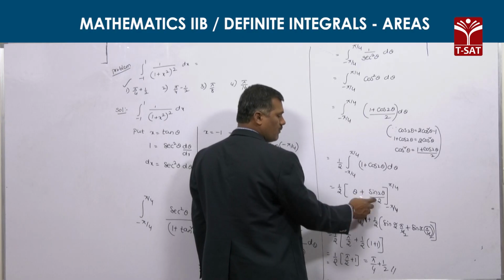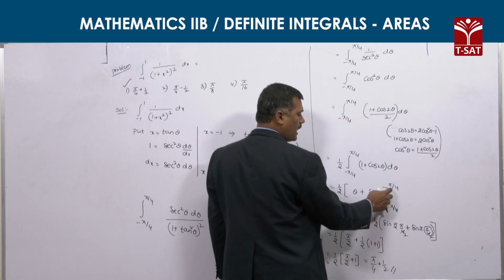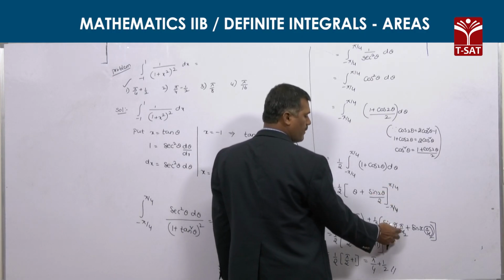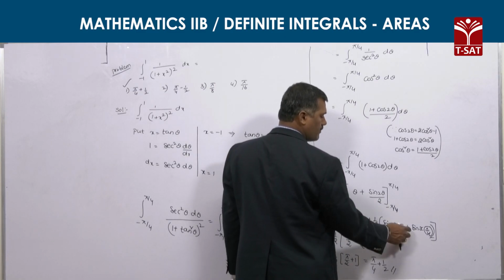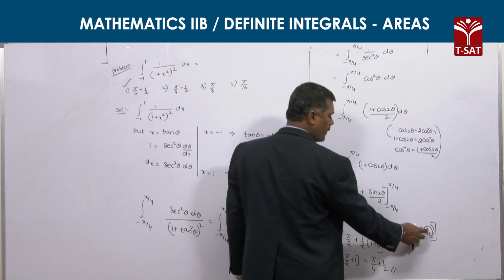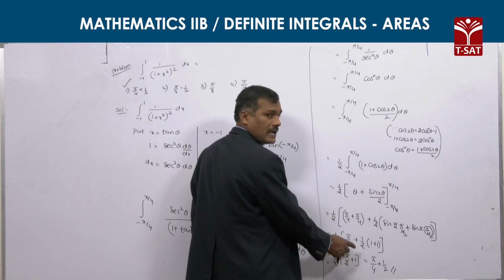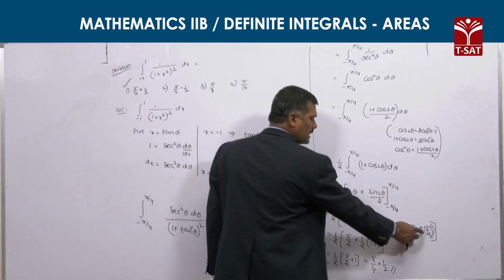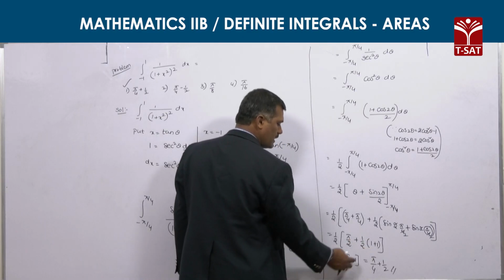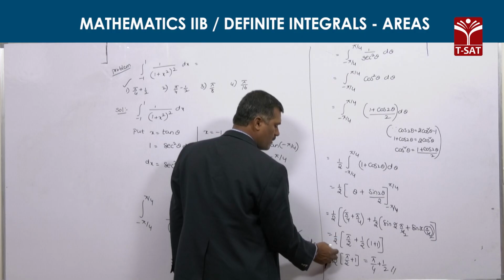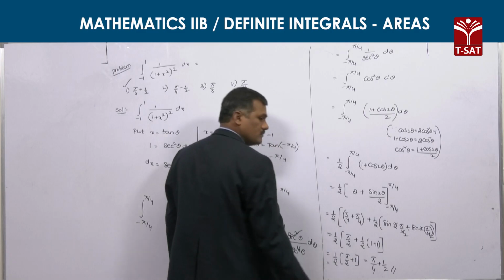Next, plus 1 by 2 constant, sin 2 into theta, substituting the upper limit pi by 4 minus the lower limit with a negative sign, minus of minus plus, sin 2 into pi by 4, 2 times cancelled, sin pi by 2 plus sin pi by 2. You know sin pi by 2 is 1, and again plus sin pi by 2 is 1, so 2 into 1 by 2, 2 times, 1 time gets cancelled. That's why 1 by 2 into pi by 2 is pi by 4, and 1 by 2 into 1 is 1 by 2.